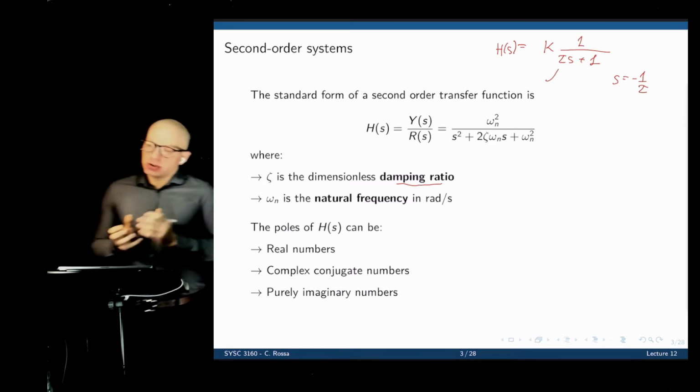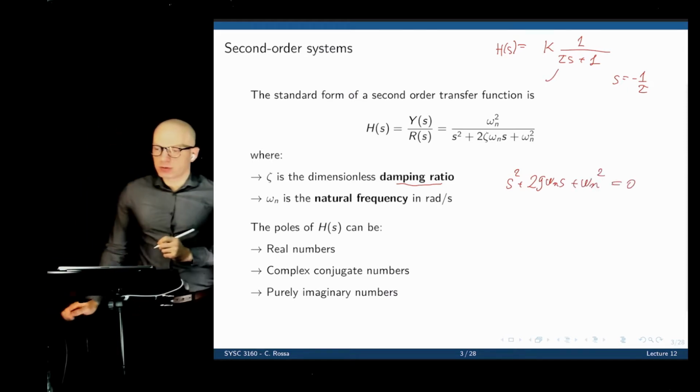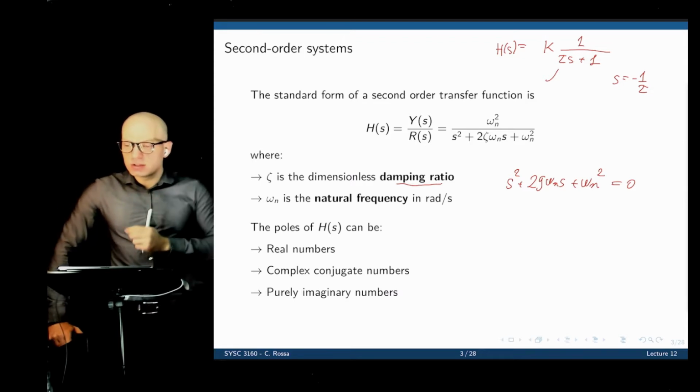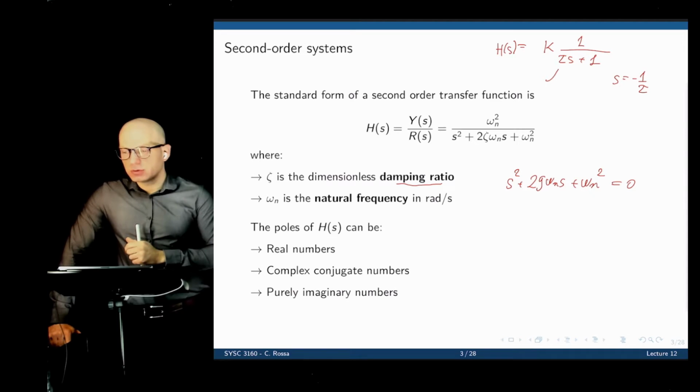So now that I have a second order transfer function, we can simply equate this transfer function to 0 and solve for the poles of this transfer function. Now we have three distinct cases here. We can have real numbers, as was the case for the first order system. We have two roots always.